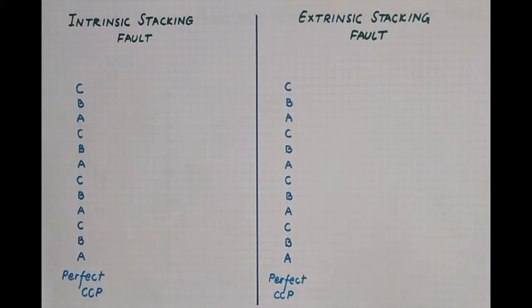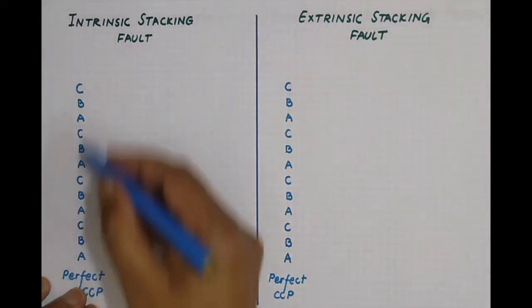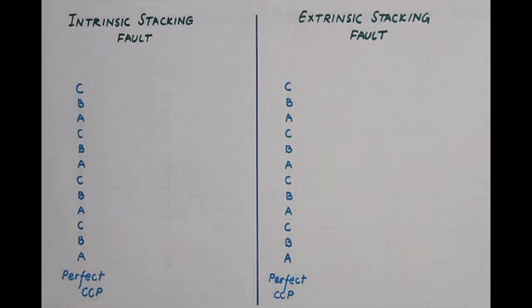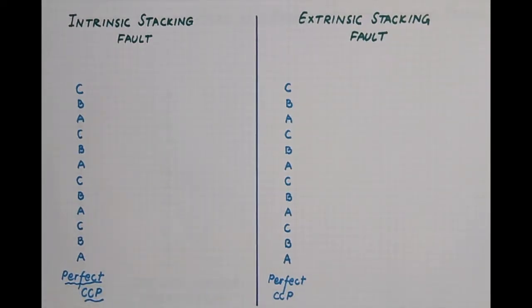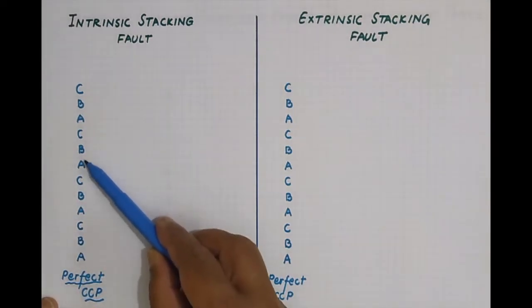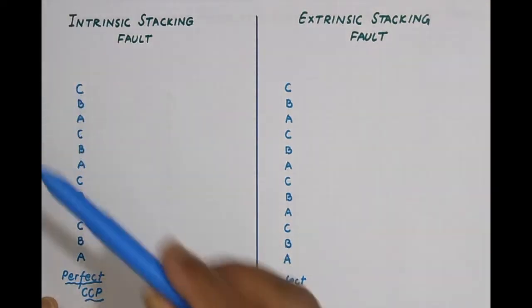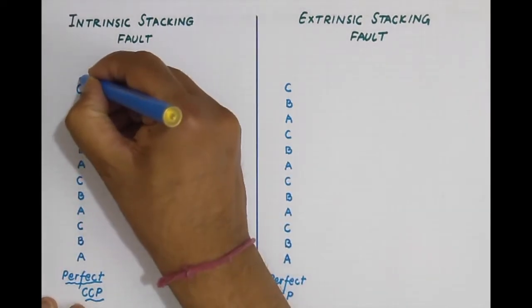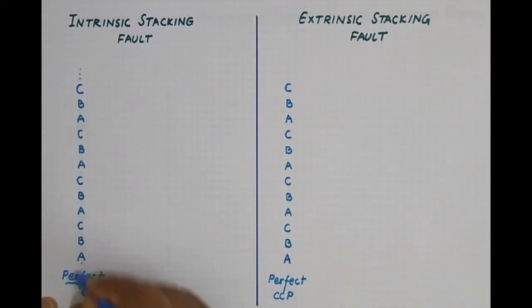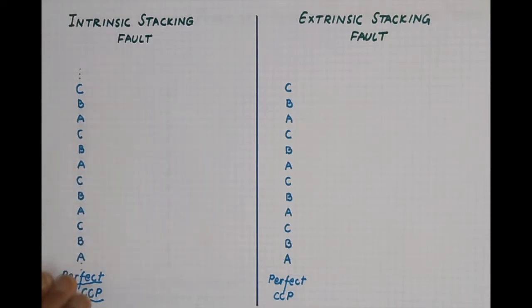You can see I have written the stacking sequence of what you will see in a perfect cubic close packed crystal: ABC, ABC, ABC, and so on. It will go on in both the directions. So a small portion, only 12 planes, I have shown. A crystal will of course have thousands or millions of such planes.